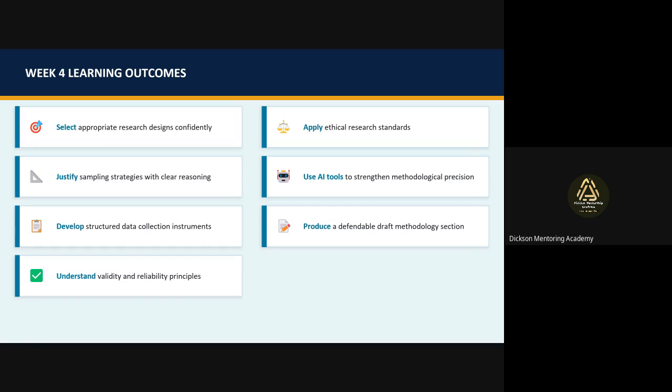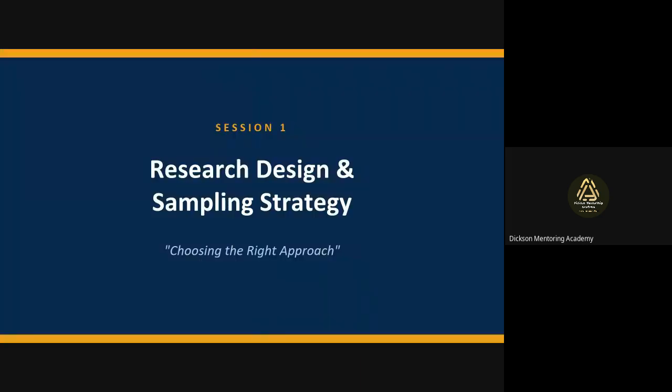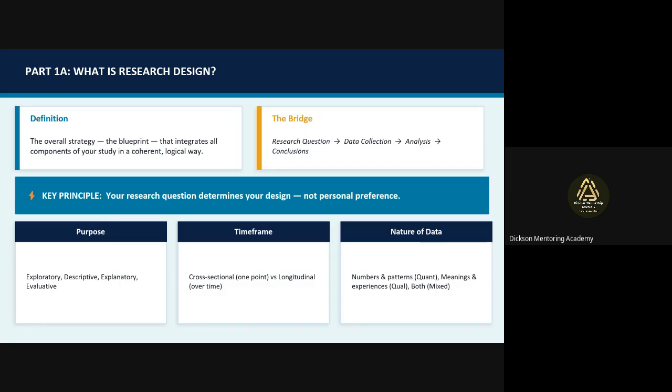We also learn to understand the validity and reliability principles. So your research design and sampling strategy helps you to choose the right approach. So let's start with research design.